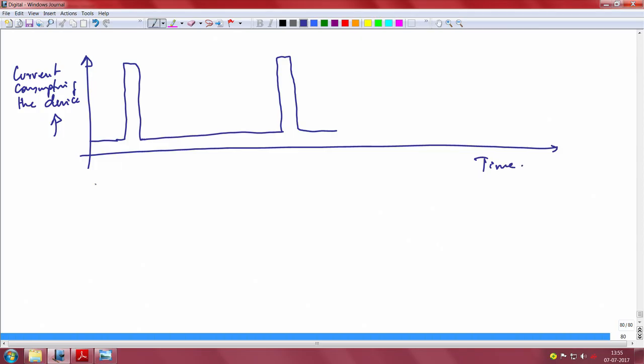Now this is, let us say, 1 to 4 microamperes, because it will depend really on the kind of hardware that you are actually designing, and of course this will have to be drawn bigger.